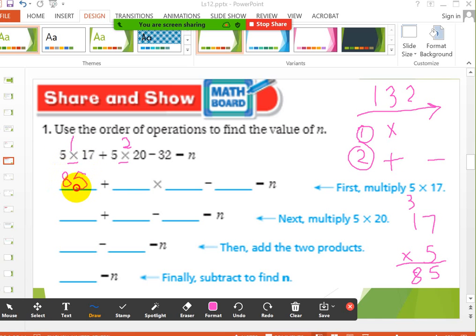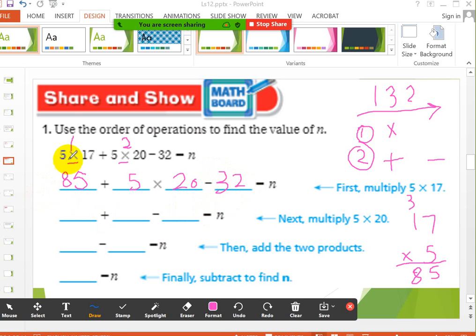Okay, so I did the first multiplication and I will write the expression: 85 plus 5 multiply 20 minus 32.